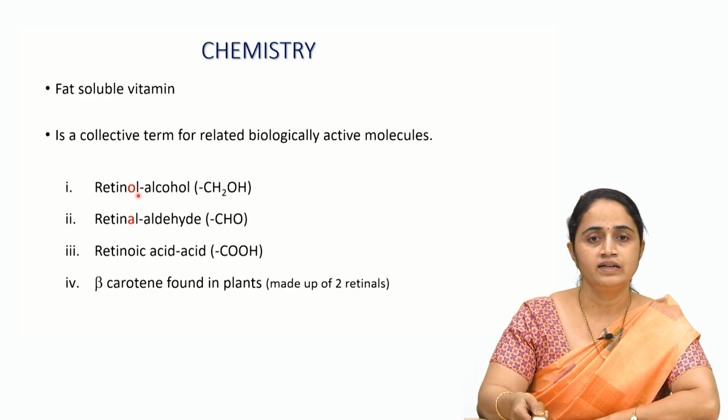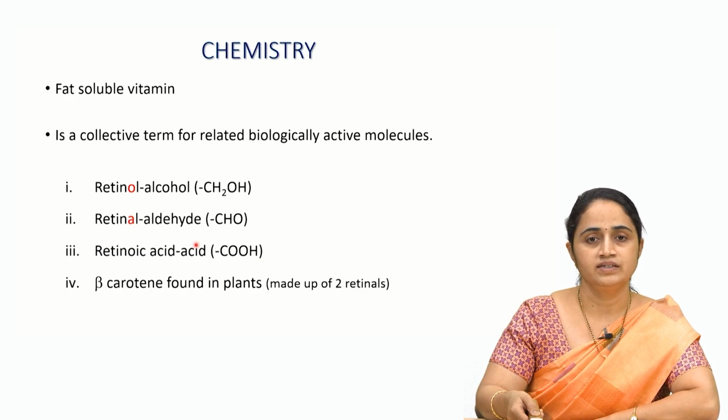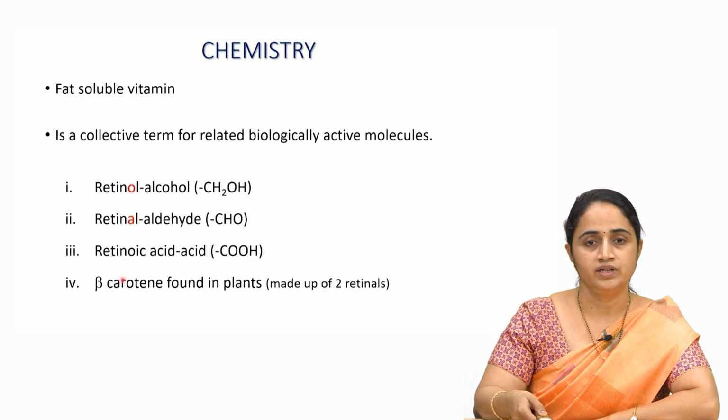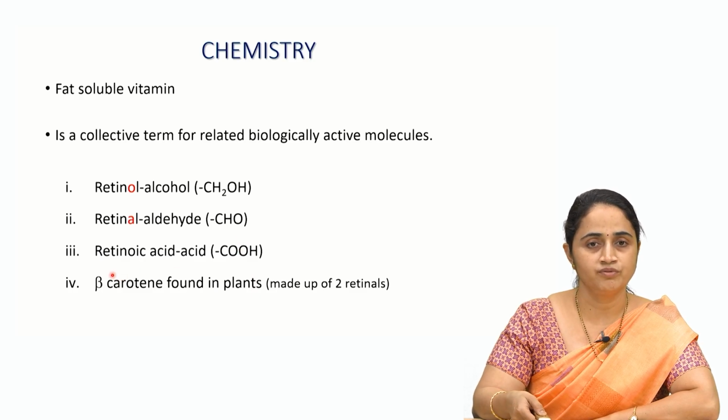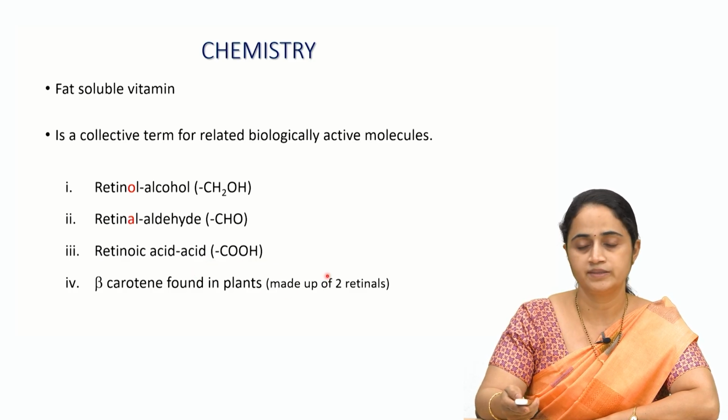Retinal is the aldehyde form which has an aldehyde group in the structure. Retinoic acid has a carboxylic acid in its structure, and beta carotene is the provitamin form of vitamin A which is found richly in plants. So, this beta carotene is made up of 2 molecules of retinal.